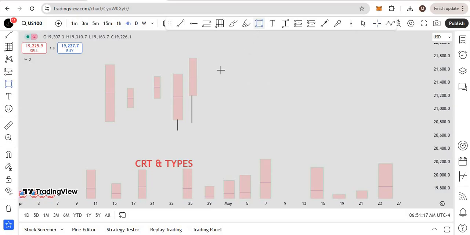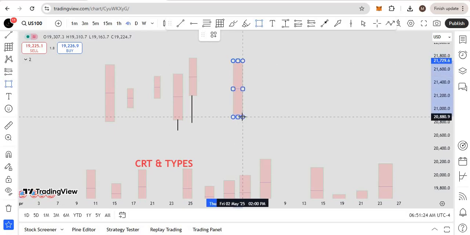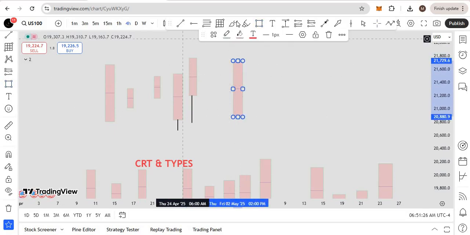We will go to another example, and now I'm going to show you my favorite one, which I personally trade on 4 hour and 1 hour.